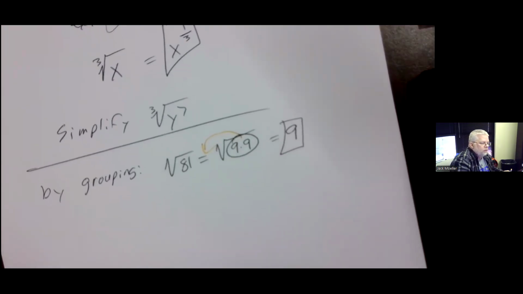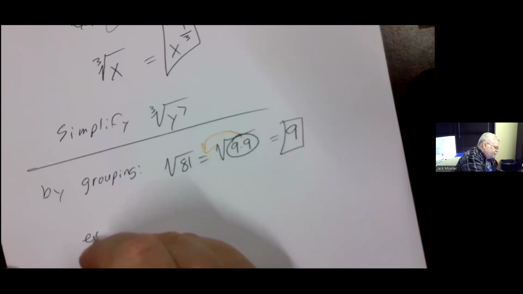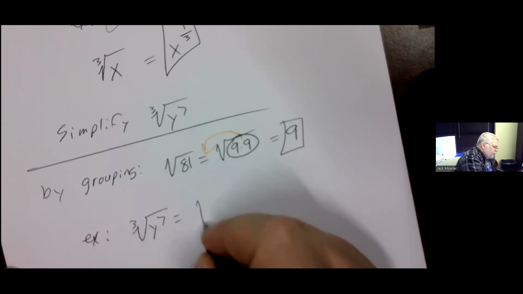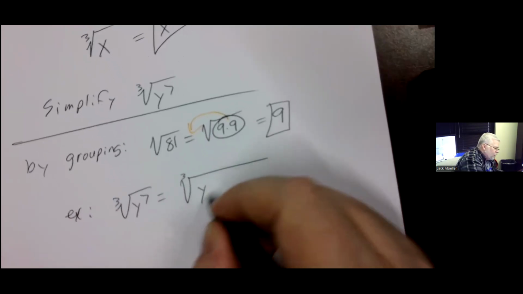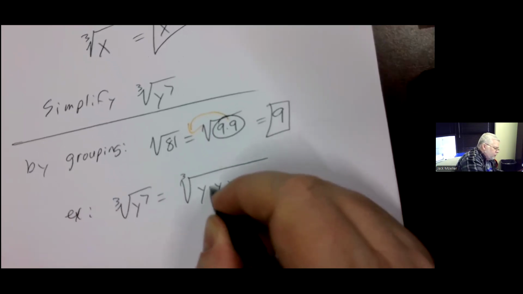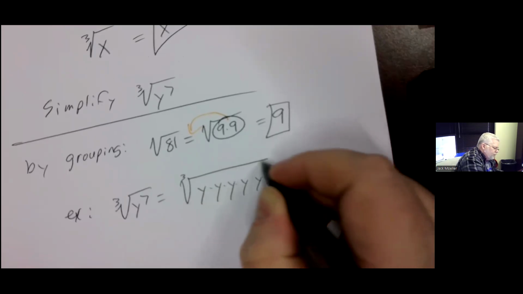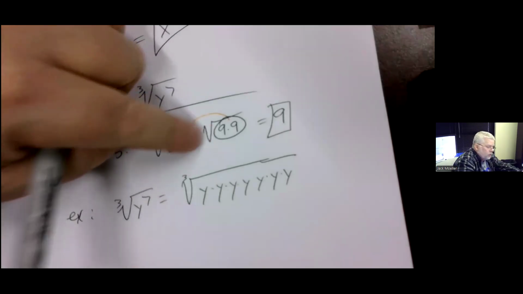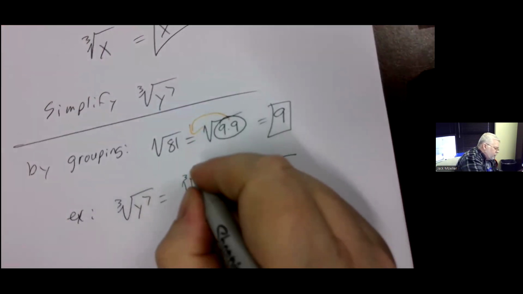So let's do the cube root of y to the 7th the same way. First of all, y to the 7th is 7 y's, so write that out: 1, 2, 3, 4, 5, 6, 7. Since we're doing a cube root, we're not looking for pairs like square roots. We're looking for triplets, 3 of a kind.